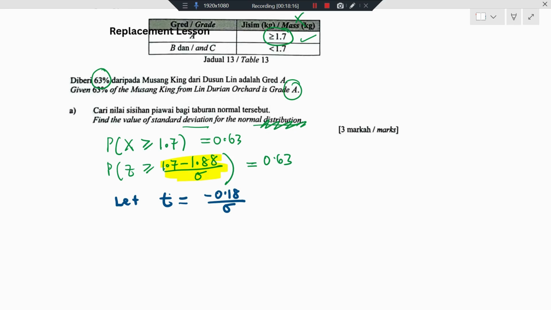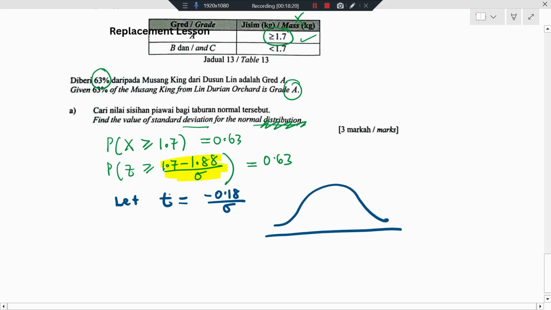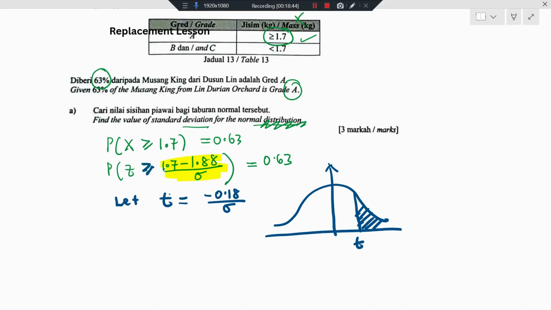Okay, now normally we will draw first, right? Now, you see, where should my T be? Remember, it is more than or equal to, but the probability is greater than 0.5. So if I put the T here and shade here, it won't give me probability 0.63, correct or not?